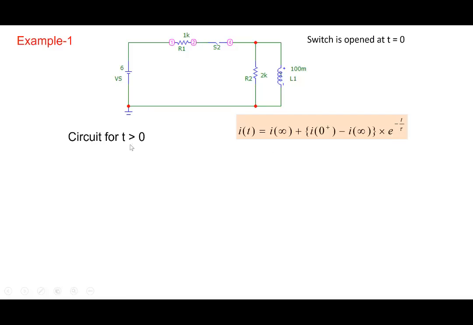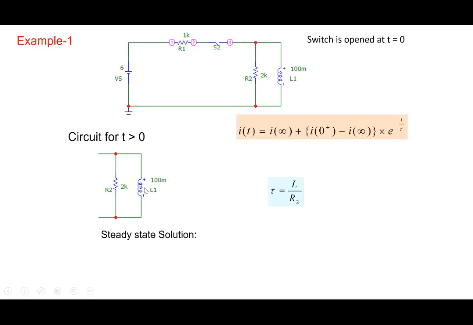For the circuit at t greater than 0, the circuit is very simple. Once you open the switch, the circuit is simply this, and therefore tau is simply L by R2. So that's straightforward. Then the other thing is I infinity. What is the value of the current at infinity?